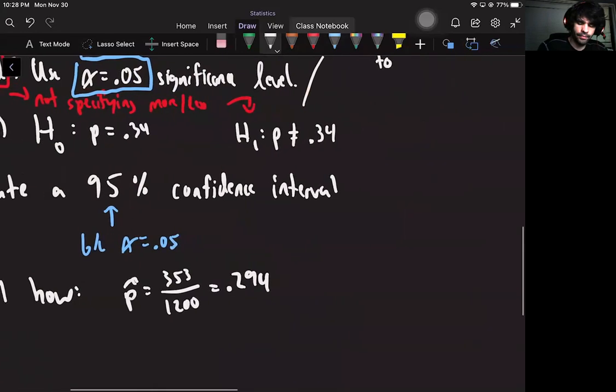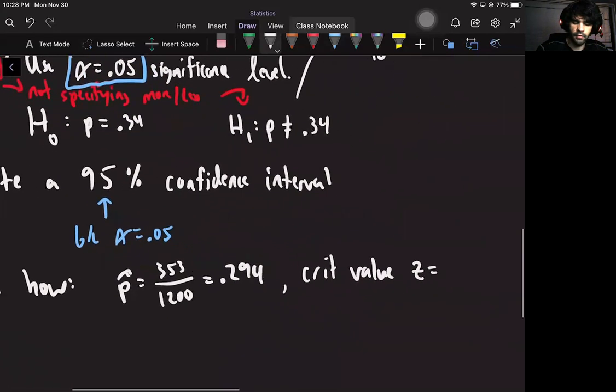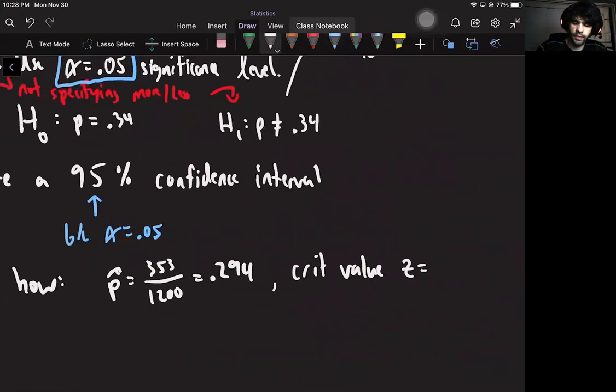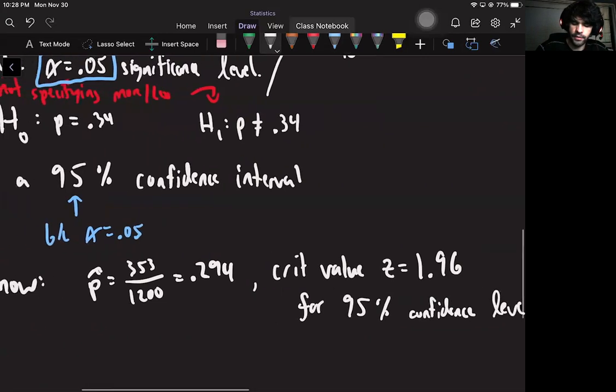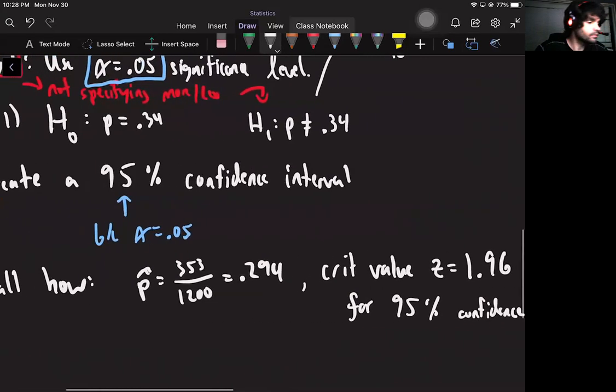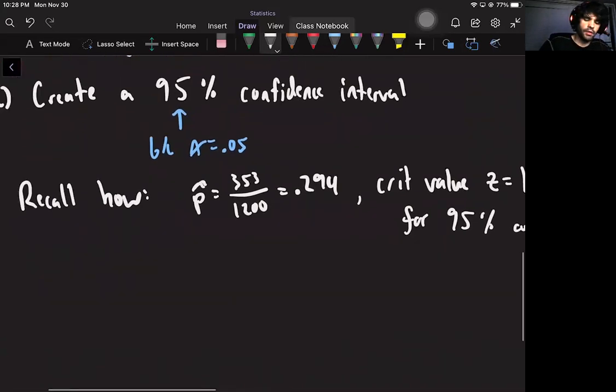And then you need a critical value to make a confidence interval. And because it's a 95% confidence interval, I can go look up in a table that the critical value for that confidence level is 1.96. So that's not any work to do because I'll just give that to you like on a quiz. So that's good. And then I need a standard deviation.